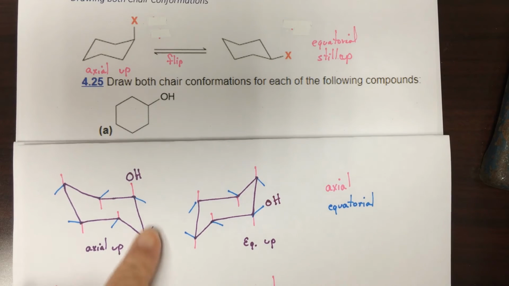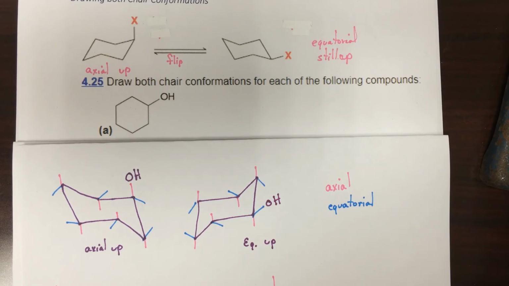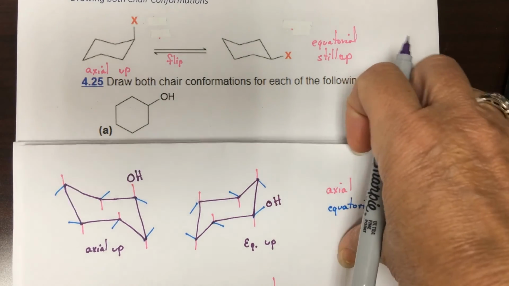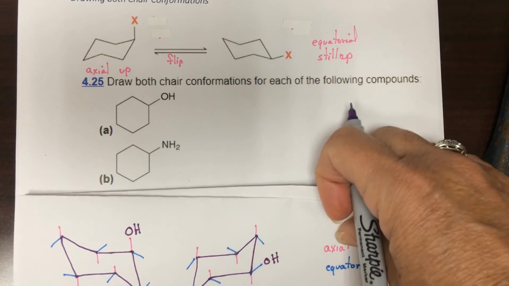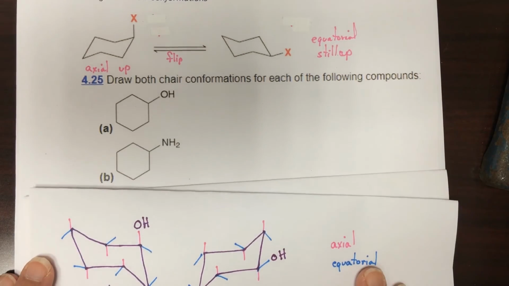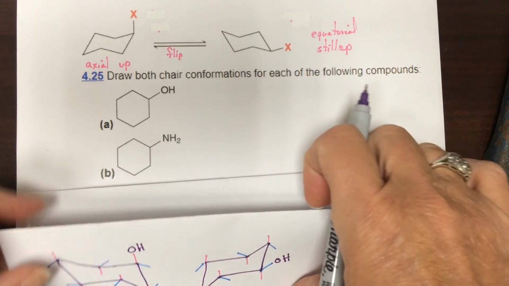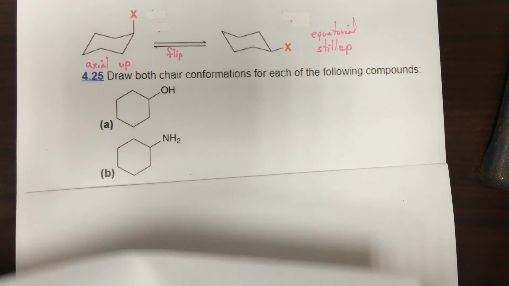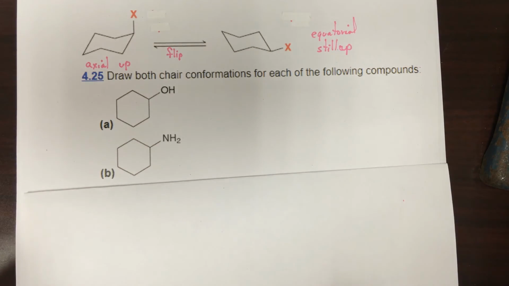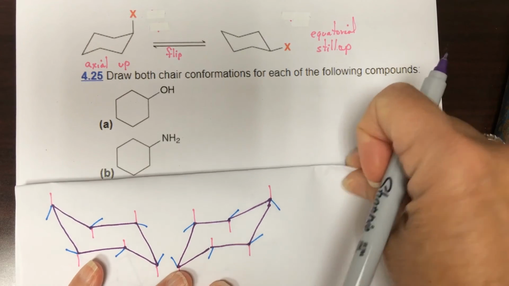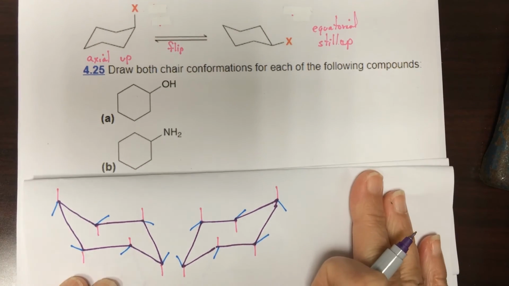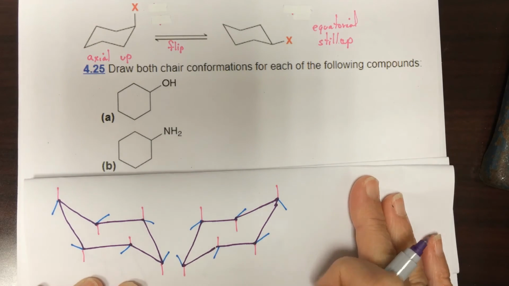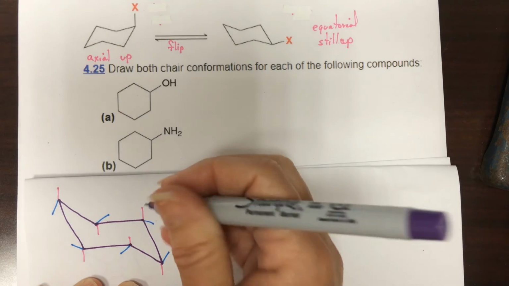Make sure you can draw these figures with all the possible substituents on it. Okay, so let's look at this next one. I'm going to fold this over. There we go. So we can use my drawing. Now we want to do this amine. Let's put the amine here.